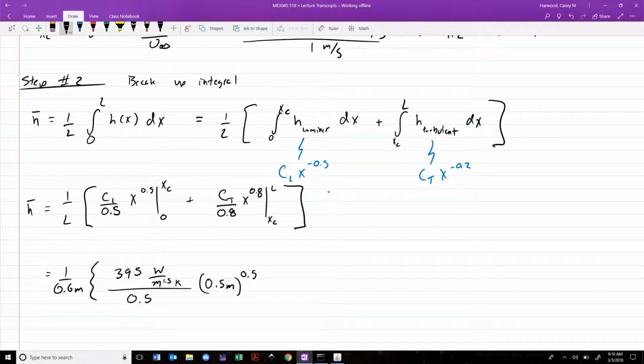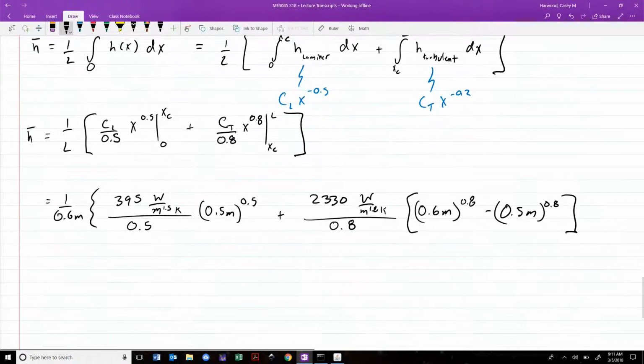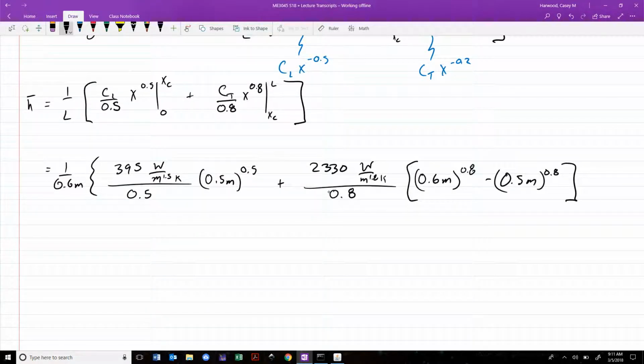All right, so there's our first term, plus 2330 watts per meter to the 1.8 power Kelvin over 0.8 times 0.6 meters to the 0.8 power minus 0.5 meters to the 0.8 power. So if we broke out our calculators and evaluated this, we'd find that h bar is equal to 1368 watts per meter squared.